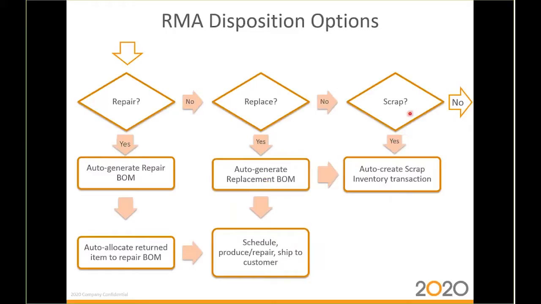If I choose scrap, because maybe the customer sent it back and it's no good, and I'm going to choose to start a separate replacement order line, or they sent it back because they didn't need it anymore, but when I received it, it was no good, that will actually take the received item and generate an inventory scrap transaction.